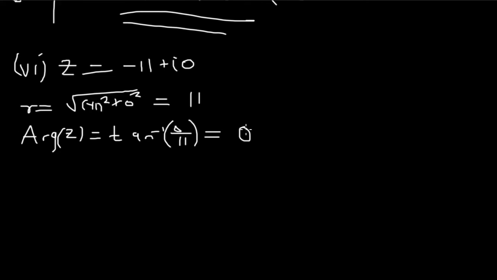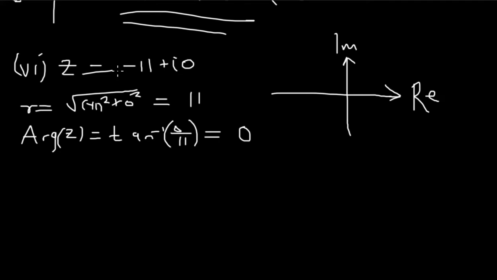Now let's try to plot this complex number here. So this is my imaginary axis, and this is going to be my real axis. Let's approximate negative 11.